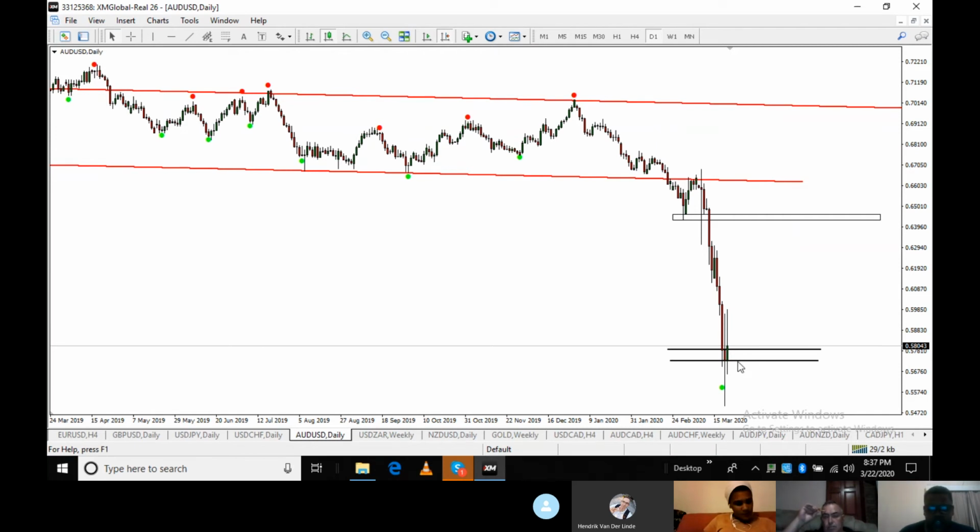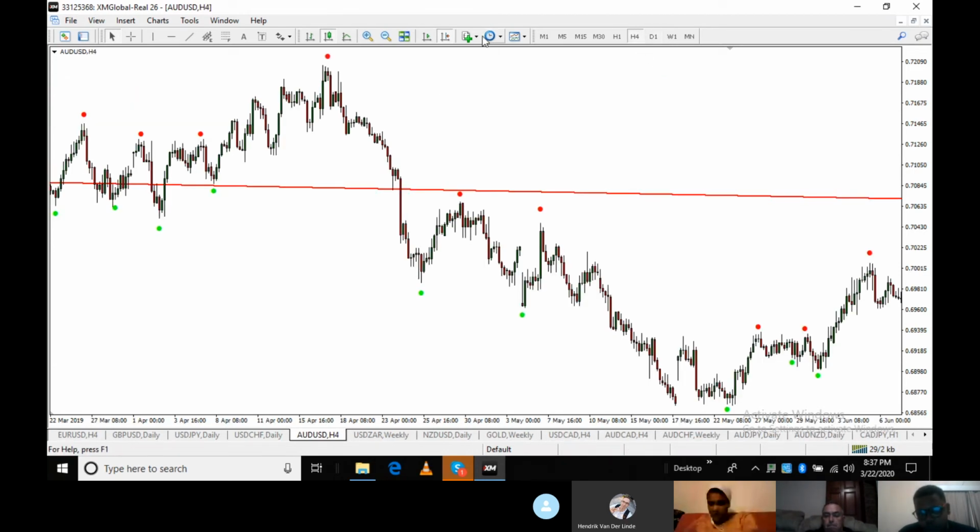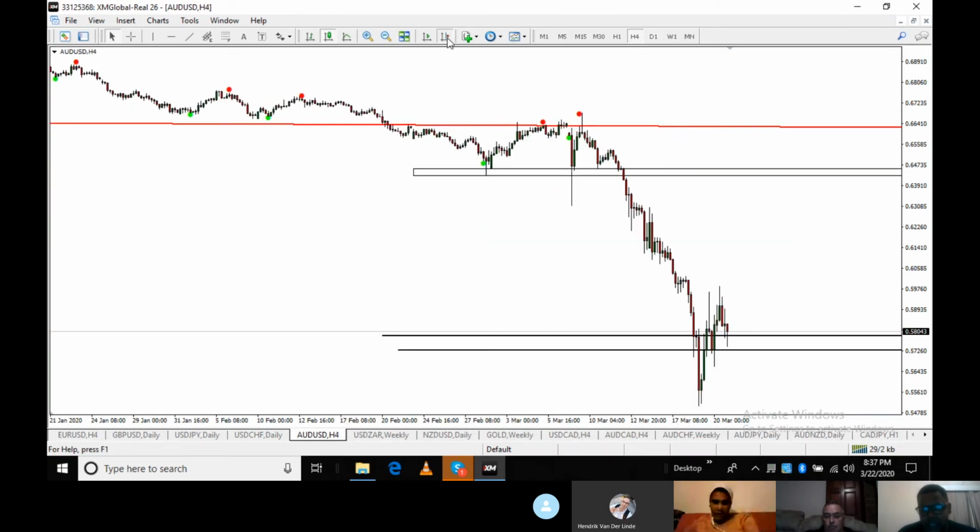Now, as you can see, I've marked down the opening and the closing of the second last, the Thursday candle, because the Friday engulfs it totally. If you look on 4 hour, you will see that it makes a bit more sense.